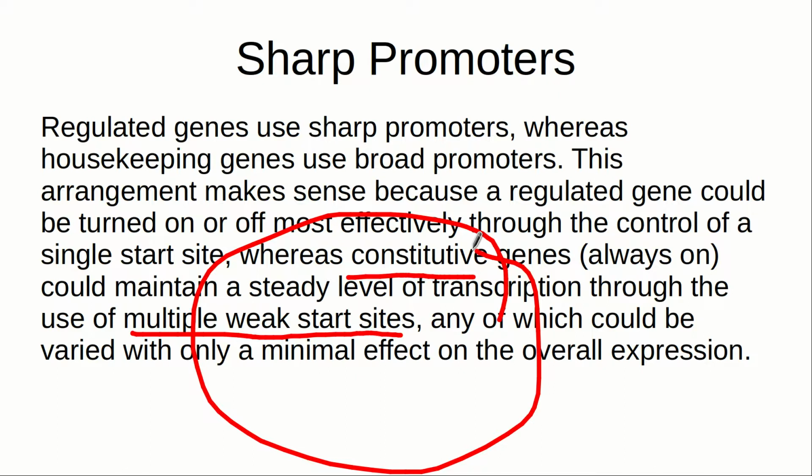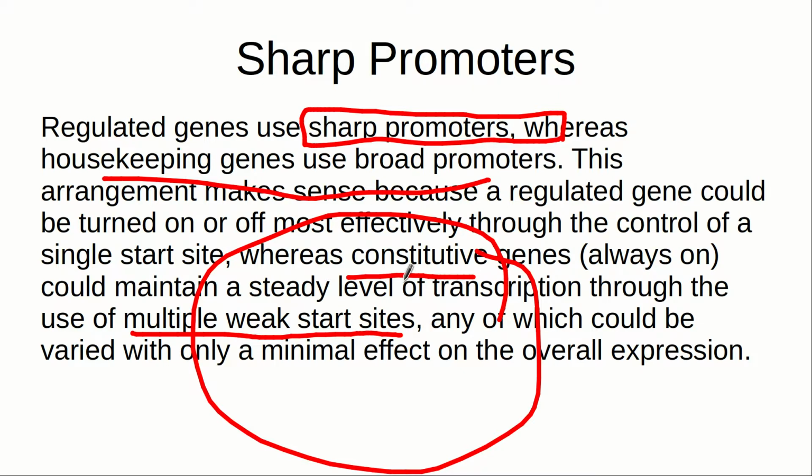So that's a sharp promoter. I'm sorry, did I just say that backwards? I think I said it backwards. Sharp promoters are housekeeping using broad promoters, all right? Yes. Whereas housekeeping genes, I'm sorry, are broad promoters. Sharp promoters, I did say it wrong. Sharp promoters are the ones we're looking for, all right, and they are highly regulated.